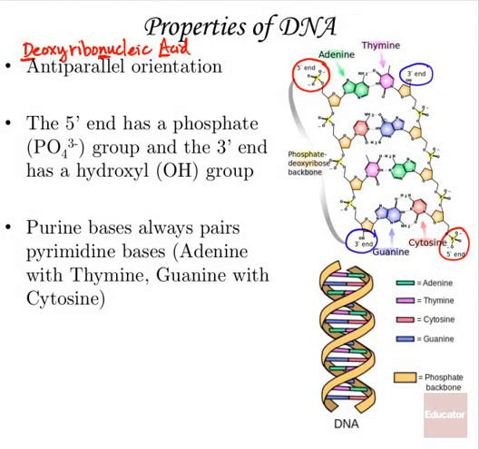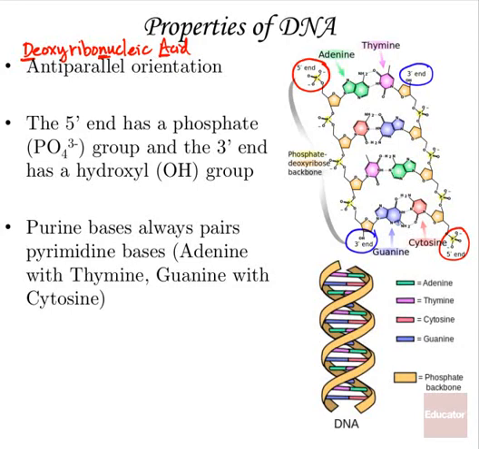And purines and pyrimidines always pair together. So adenine is an example of a purine, and it will hydrogen bond to thymine, which is an example of a pyrimidine. Okay? Guanine is an example of a purine. Okay, down here. And cytosine is an example of a pyrimidine.